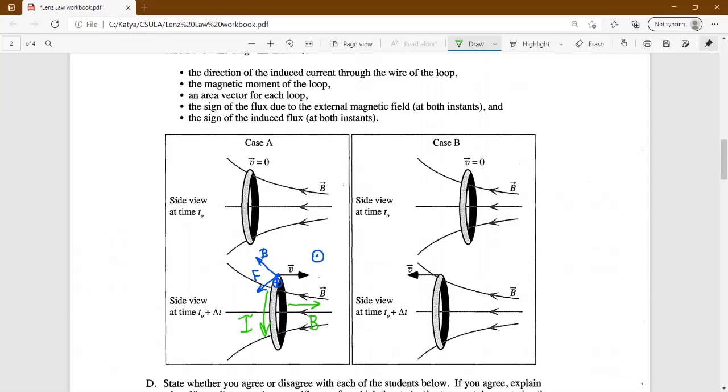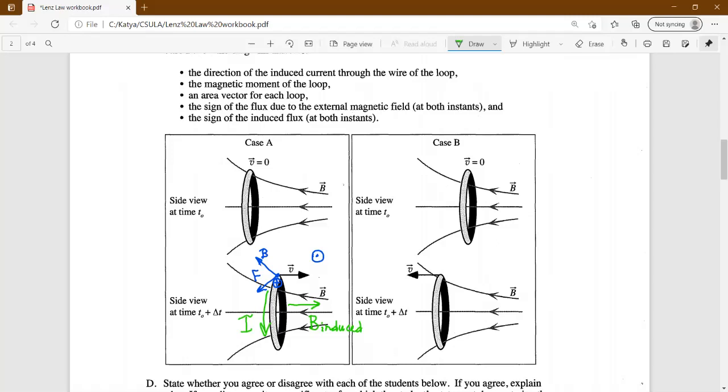So that's the induced field B. I'm going to label it induced. Again, the magnetic moment is going to be collinear to this induced magnetic field. I'm not going to draw the magnetic moment here, but you can draw a similar arrow and label it with M.